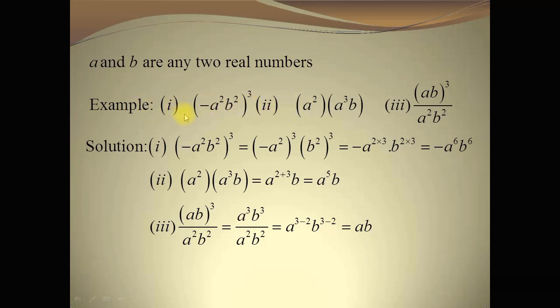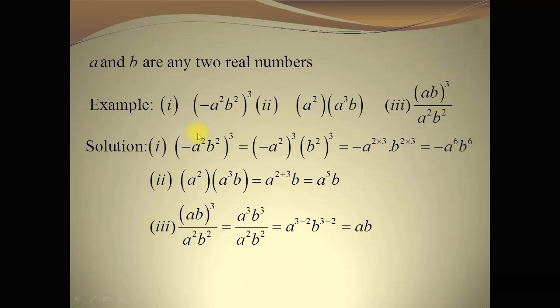The first part is minus a square b square whole power 3, the second part is a square into a power 3 b, and the third part is ab whole cube whole power 3 divided by a square into b square. How do we simplify these expressions?